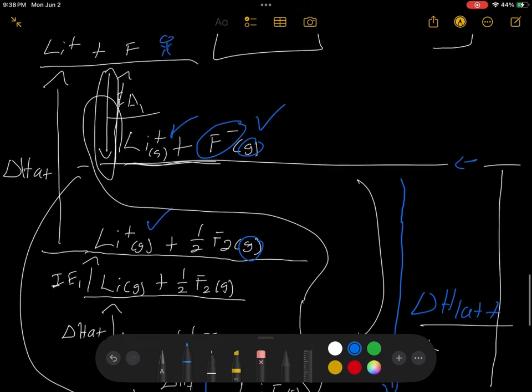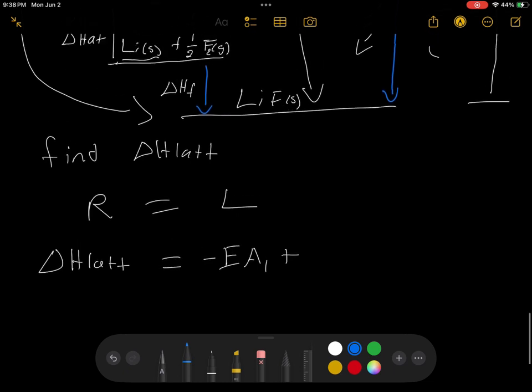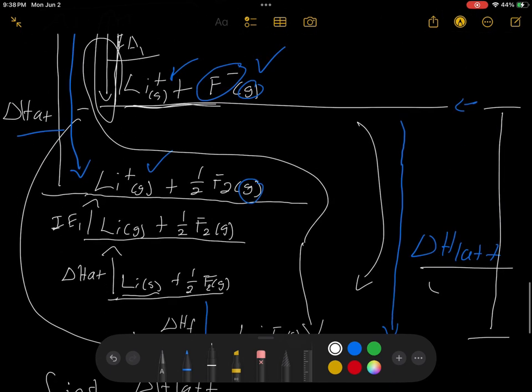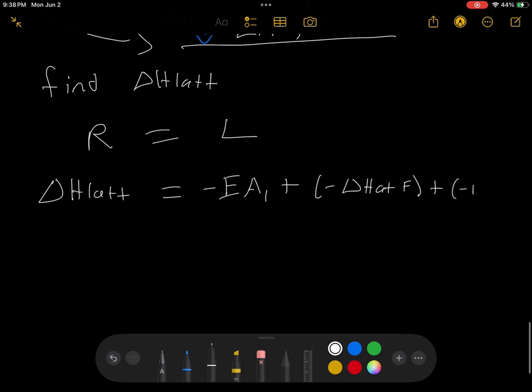Next step, now I'm here on the platform because I've made this first step. To continue my journey, I need to go down. And once again, my path conflicts with the defined arrow, so this becomes a negative value. So negative delta H, that was the atomization of fluorine. Plus, same thing, I need to get down to this platform. That goes against this arrow, so the negative of the ionization energy.